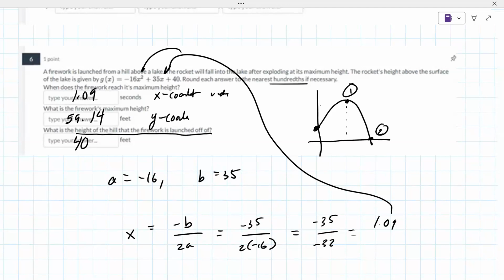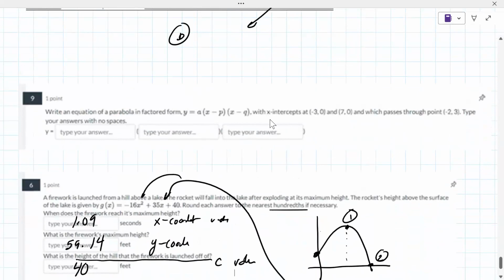I only typed out the first part. And the height of 40. And -16, 35, 40. It's 40 because of the C value. Yes. Okay, perfect.